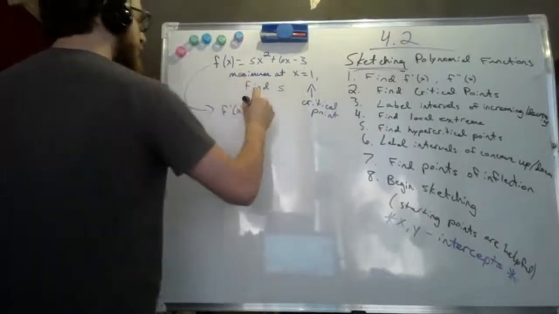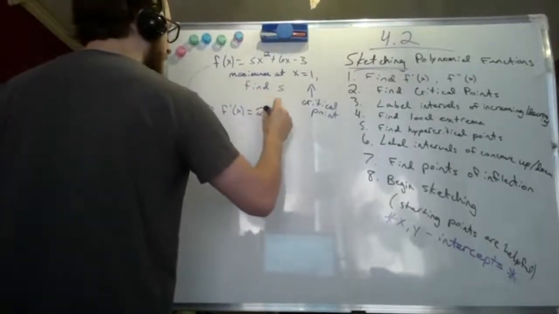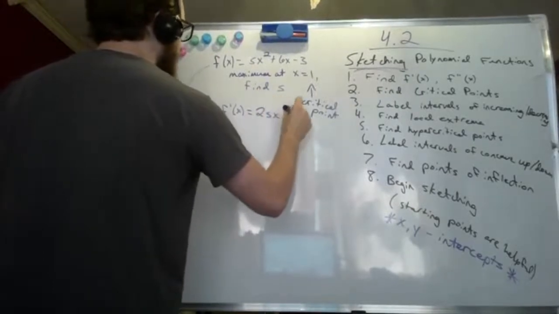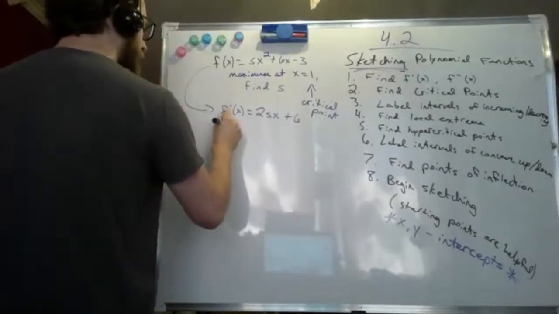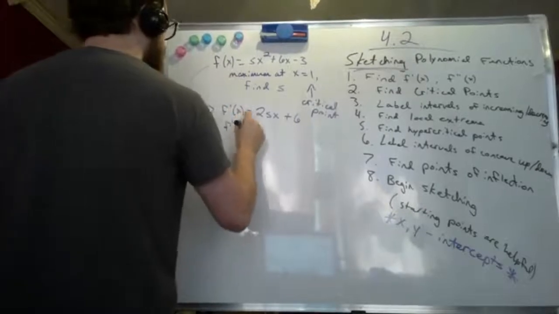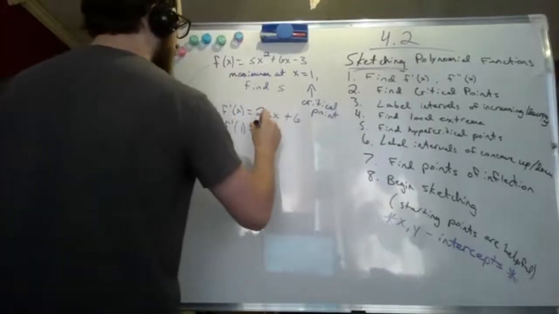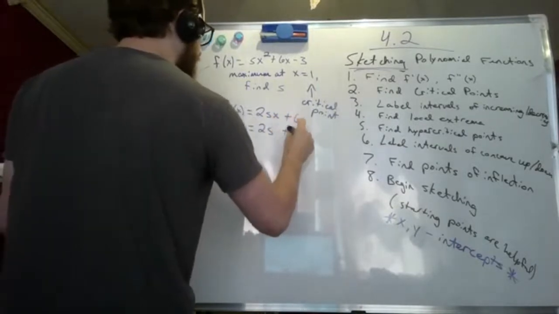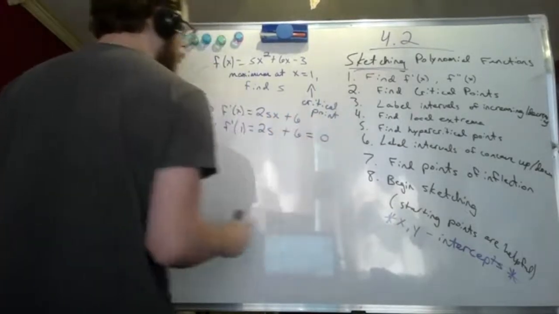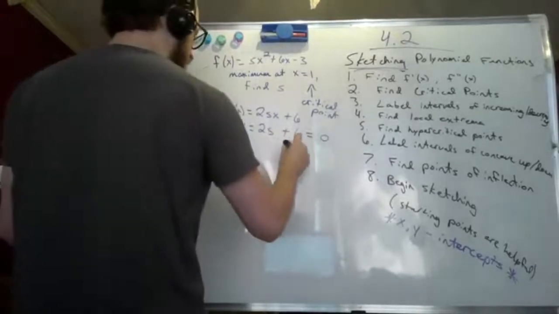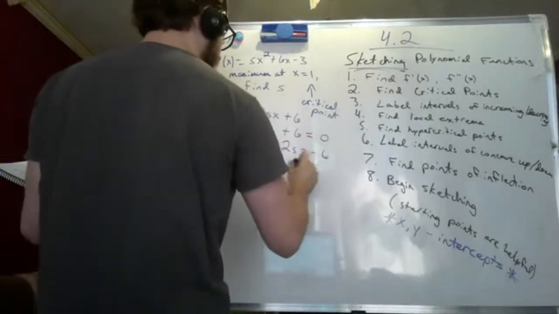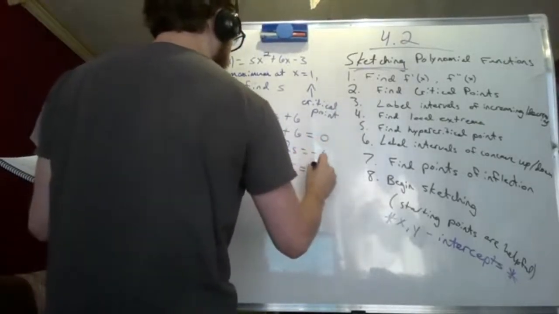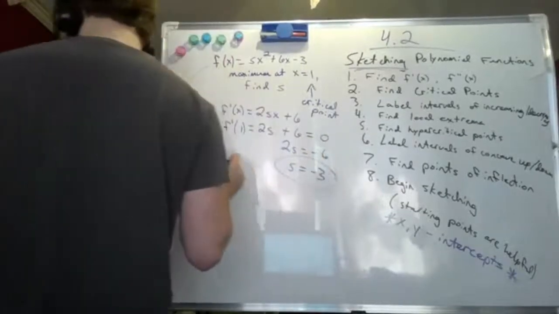So our first derivative is going to be 2sx plus 6. And we know that when x equals 1, the first derivative is equal to 0. So 2s times 1 is just 2s, plus 6 is equal to 0. So we get 2s is equal to negative 6, and so s equals negative 3.